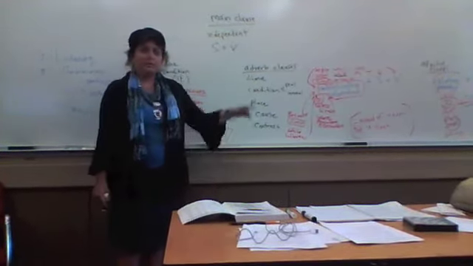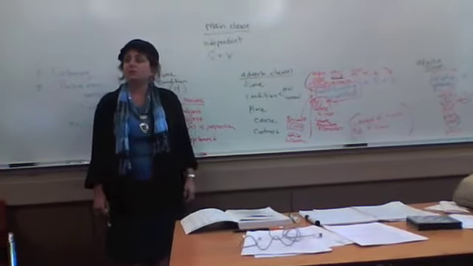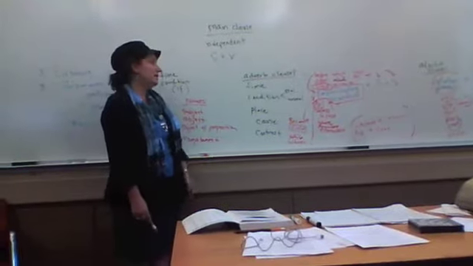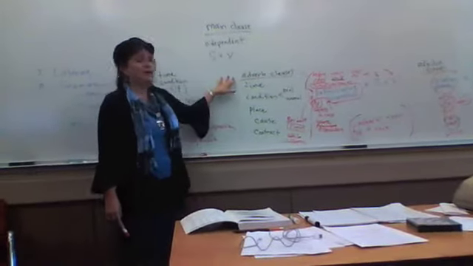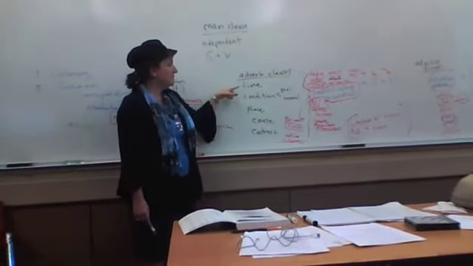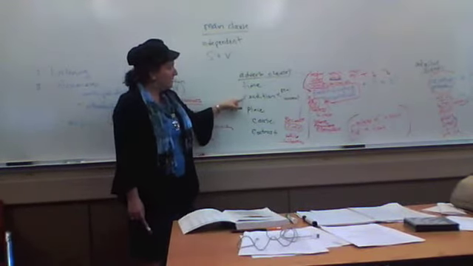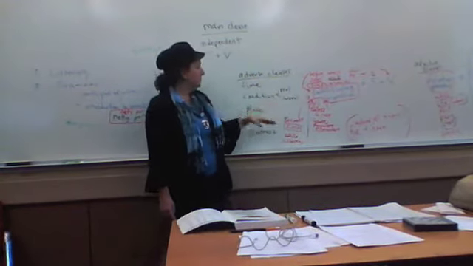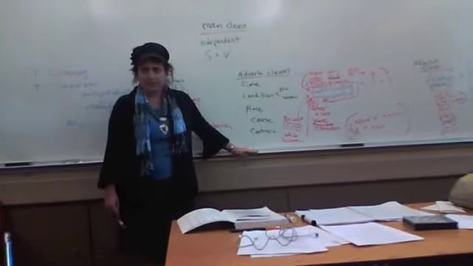Then, in addition to main clauses, we have several kinds of dependent clauses. We have spoken already about some adverb clauses. We have spoken in this class about adverb clauses of time and some conditions. We call them if clauses. We have not spoken about these other clauses yet.